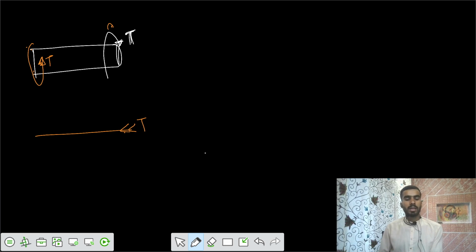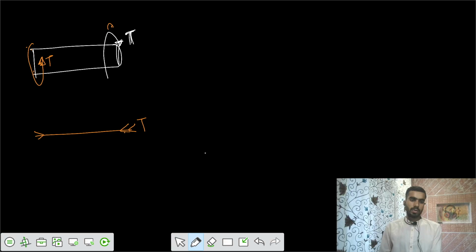Similarly, from the other side your moment is anti-clockwise, which means your torque is anti-clockwise. That means you have to rotate your right hand in the anti-clockwise direction, so your thumb is pointing towards the section.